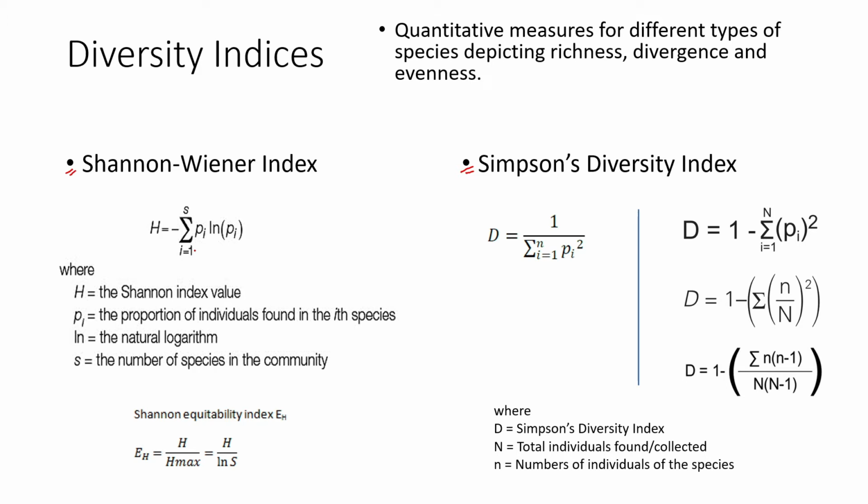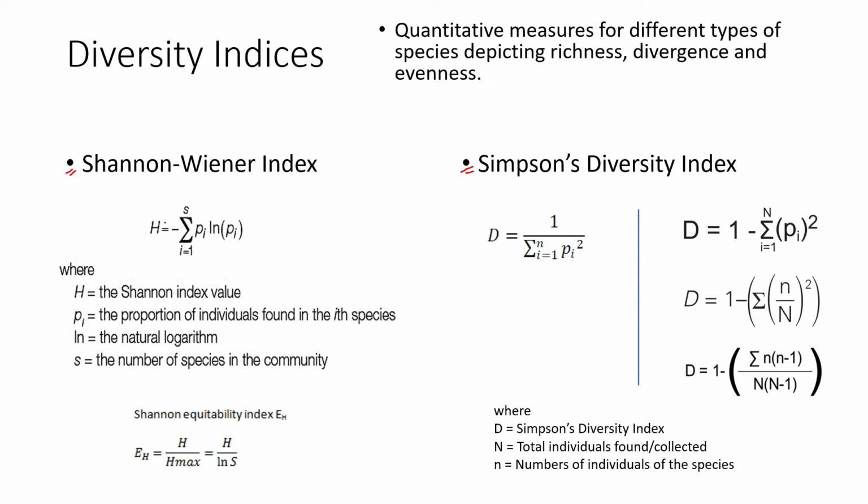rarity. Okay, so the idea behind the Shannon-Wiener index comes from a mathematical observation. Both of them are actually mathematical observations, where one talks about entropy. So the Shannon-Wiener index was based upon a mathematical system which talks about entropy in a system. That means disturbances.